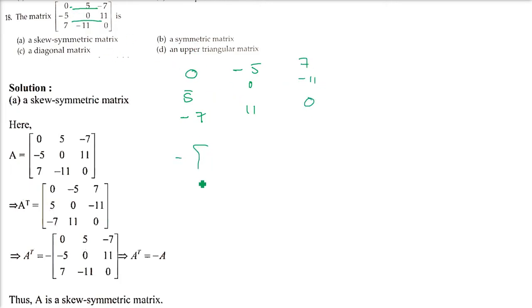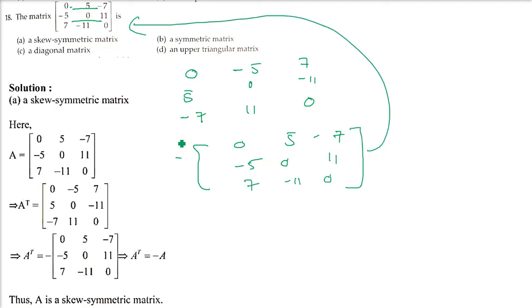Now I'm taking negative outside. 0, 5, negative 7. Negative 5, 0, plus 11. 7, negative 11, 0. What is this? This is again the same matrix in negative. So this is a skew symmetric matrix. So the answer, whenever A transpose is going to be equal to negative A, that is going to be a skew symmetric matrix.